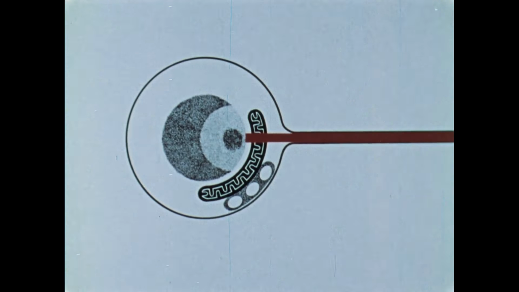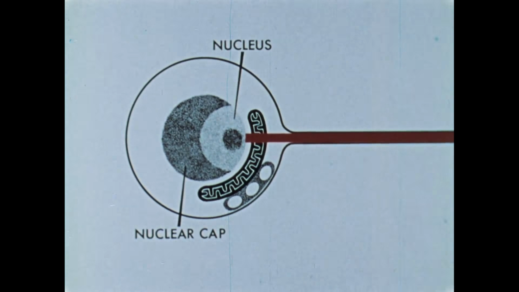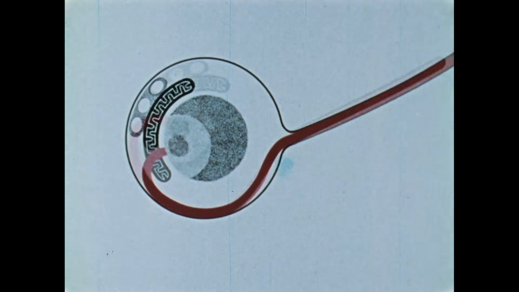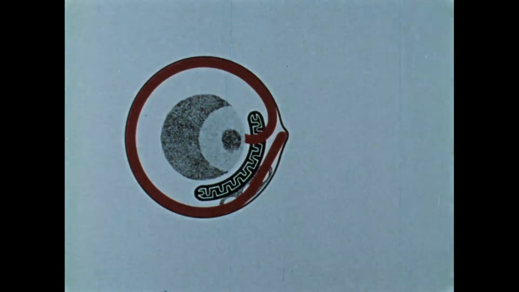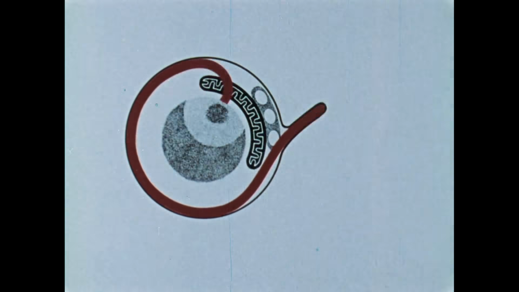During withdrawal of the flagellum, the nucleus and its nuclear cap rotate as a unit within the cell. The flagellum is withdrawn through a stationary point on the spore surface.